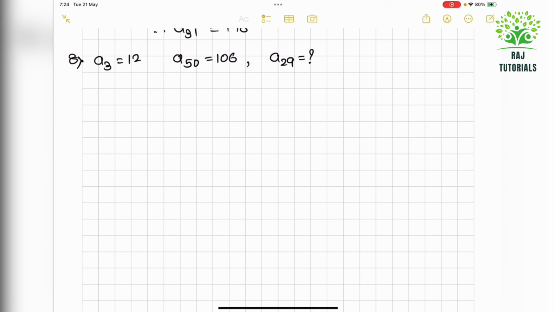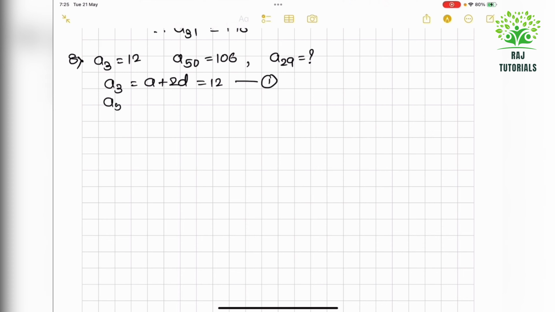Eighth one says an AP consists of 50 terms, of which the third term is 12 and the last term is 106. Find the 29th term. So here I know that third term means A3. So A3 will be A plus 2D, that is equal to 12. I will call it equation 1.